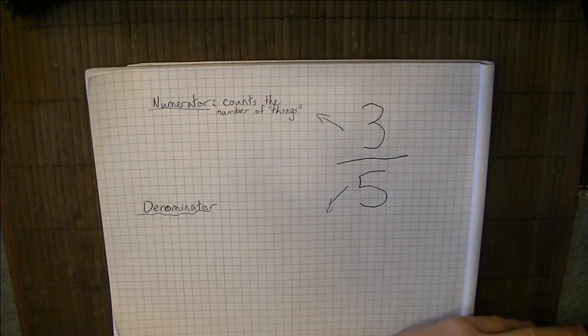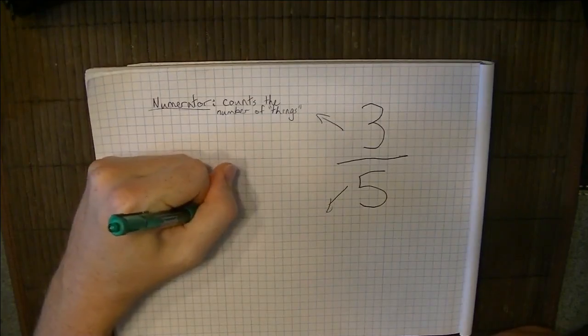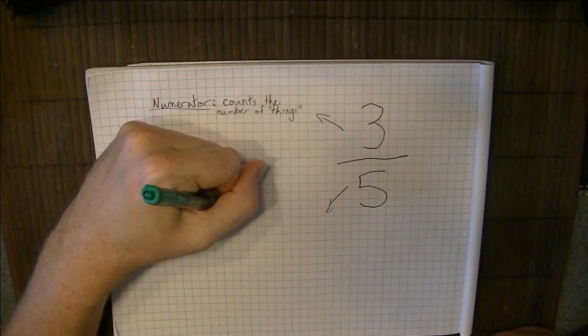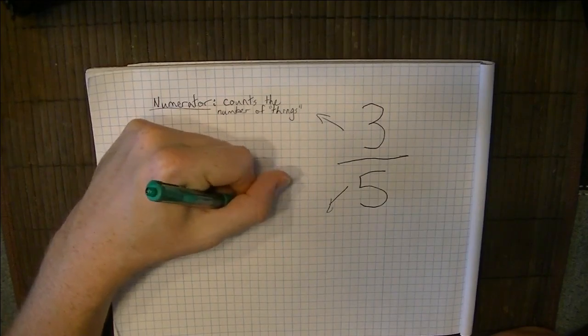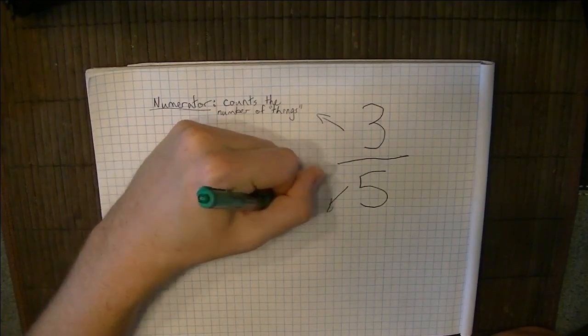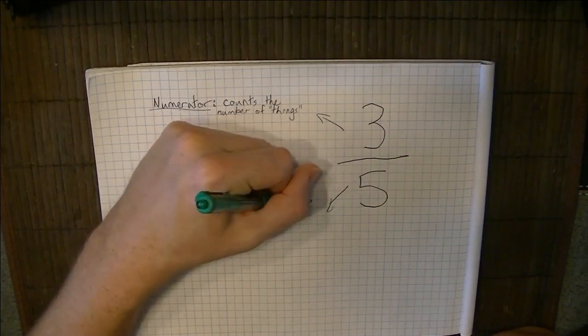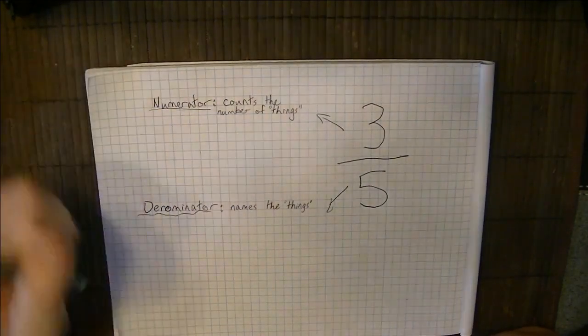And if you look up what that means, it names things. So the denominator names the things that the numerator was counting.